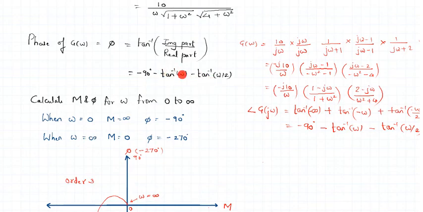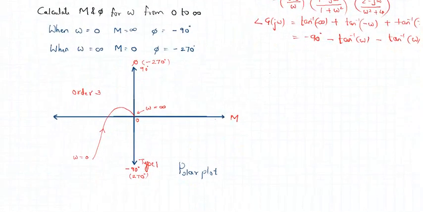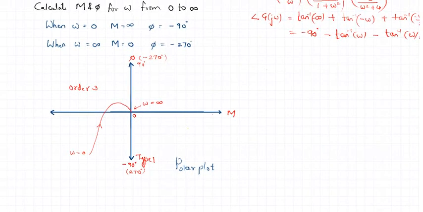Also we have one more term, tan inverse of infinity, which also makes this term 90 degree. So there are three 90 degree terms here, making the phase as minus 270. So with this magnitude and phase obtained for the range of frequencies from 0 to infinity, we will now try to plot the polar plot.